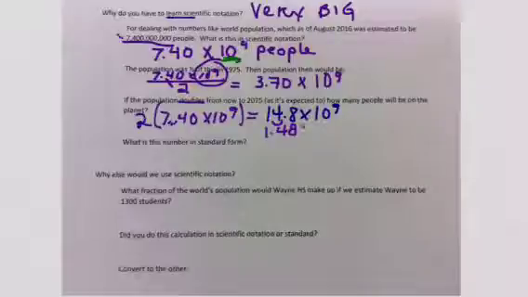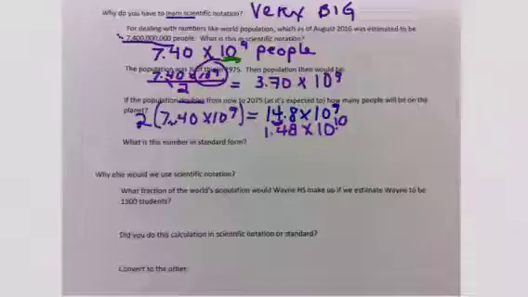If we reduce it by a factor of 10, we have to increase our exponent by 1. Whenever you reduce the front number, you go up 1 on the exponent, and vice versa. If you increase it by 10, you go down on the exponent.